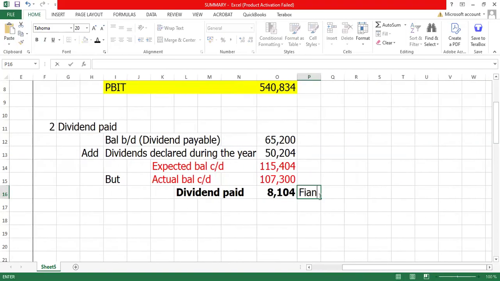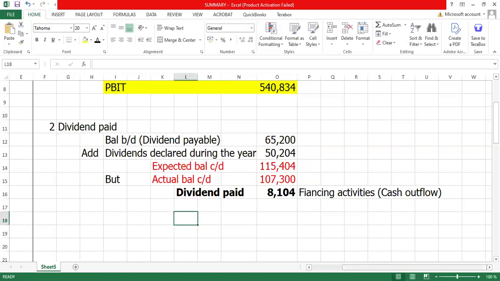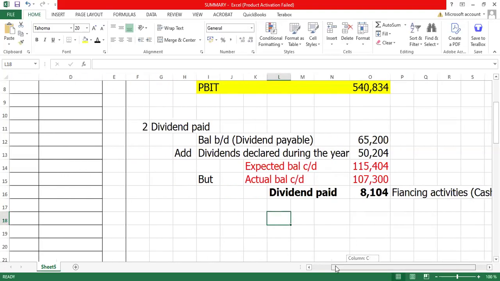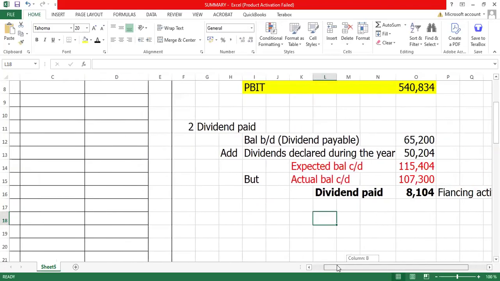Don't forget this. As a cash flow, this will be a cash outflow. Is it now clear? Yeah. All right.